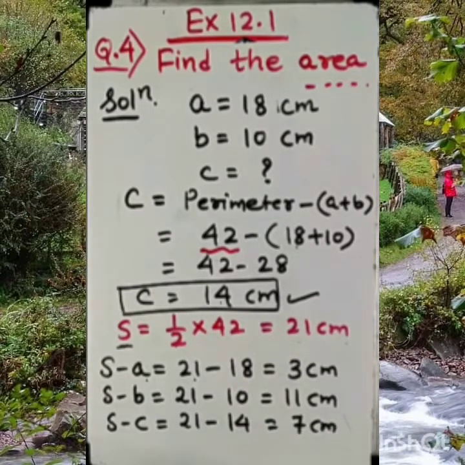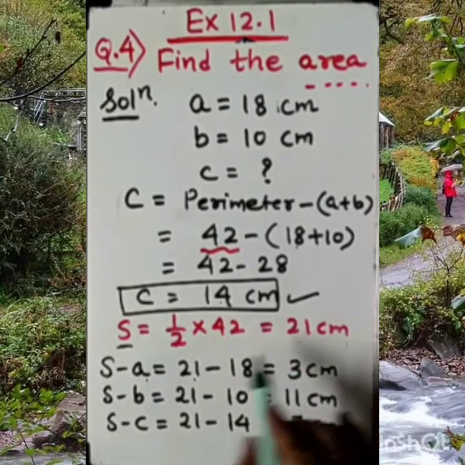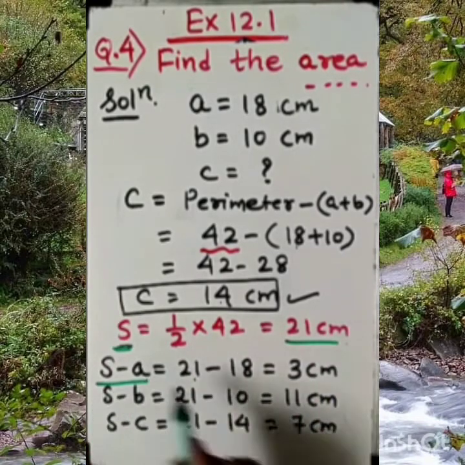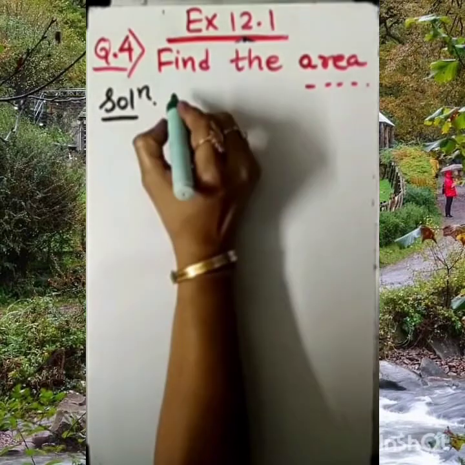So, my dear student, these four values we are going to put in Heron's formula. That is the value of S 21, S minus A 3, S minus B 11, and S minus C, that is 7 centimeter. This value we are going to put in Heron's formula, using Heron's formula.